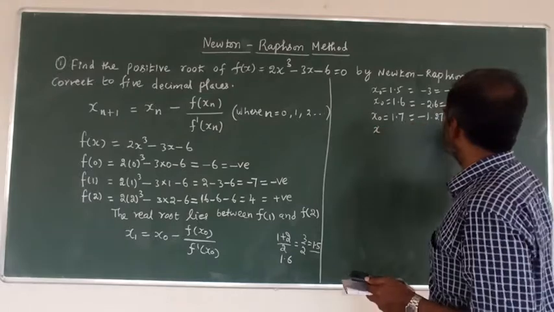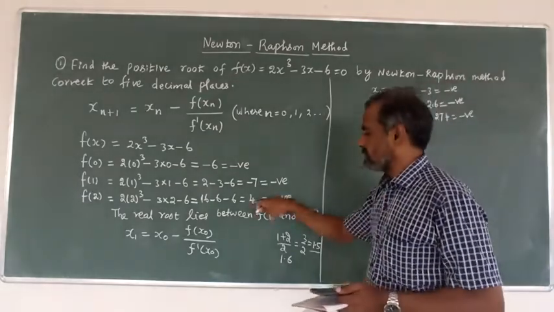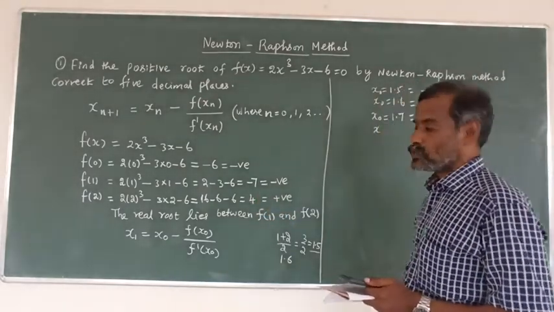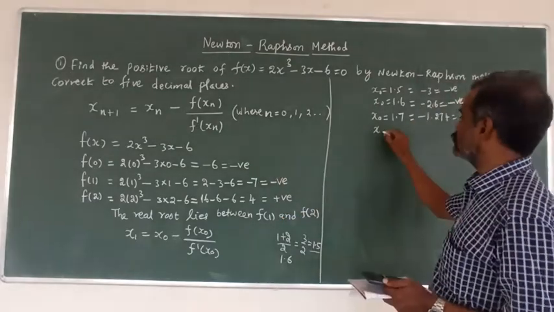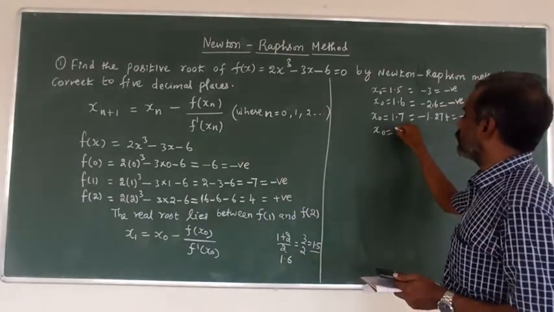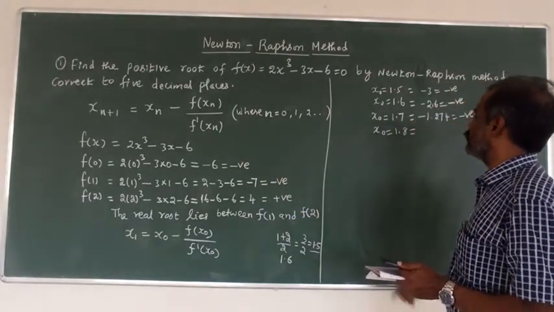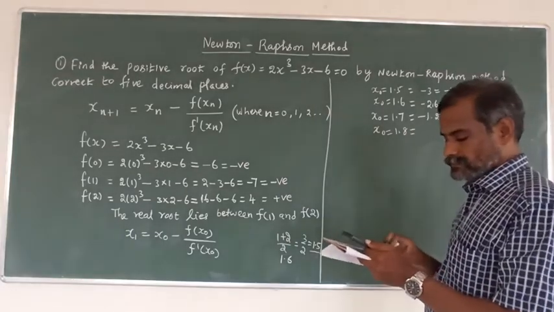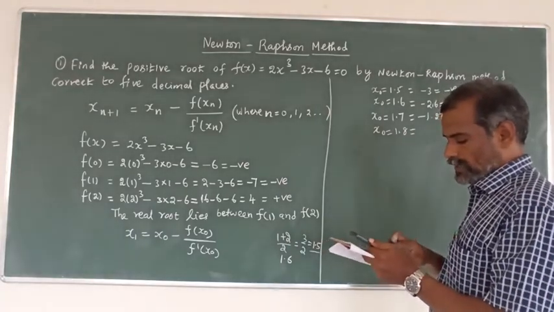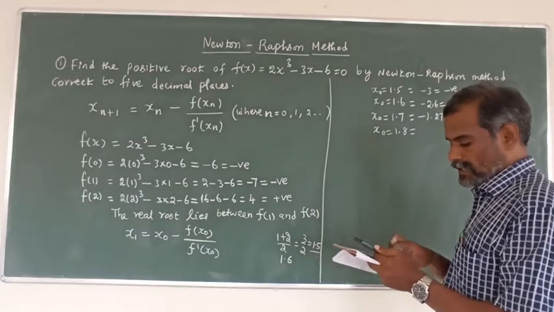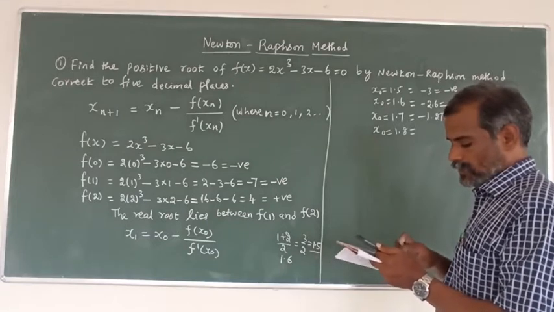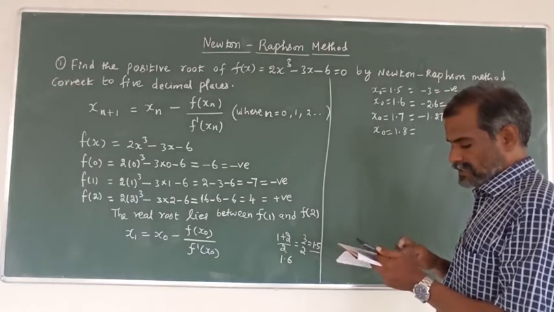This is also negative. It is not very close to the positive value, so we take 1.8. 2 into 1.8 cube minus 3 into 1.8 minus 6.